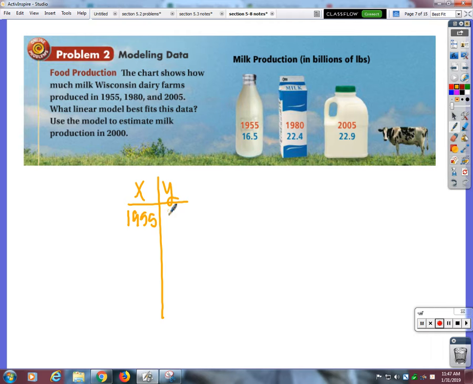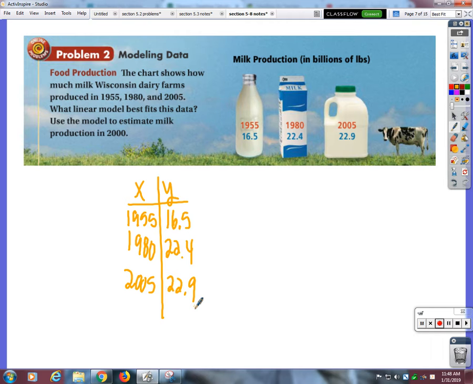So in 1955, people in Wisconsin made 16.5 billion pounds of milk. In 1980, I shouldn't say made, they produced 22.4 billion pounds of milk. And in 2005, they produced 22.9 billion pounds of milk.